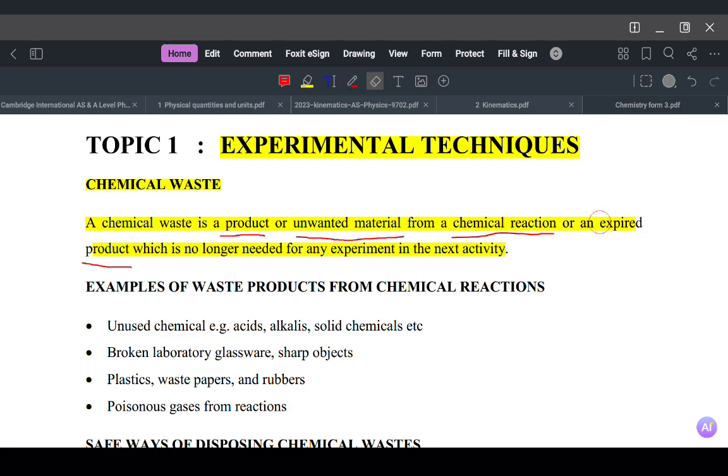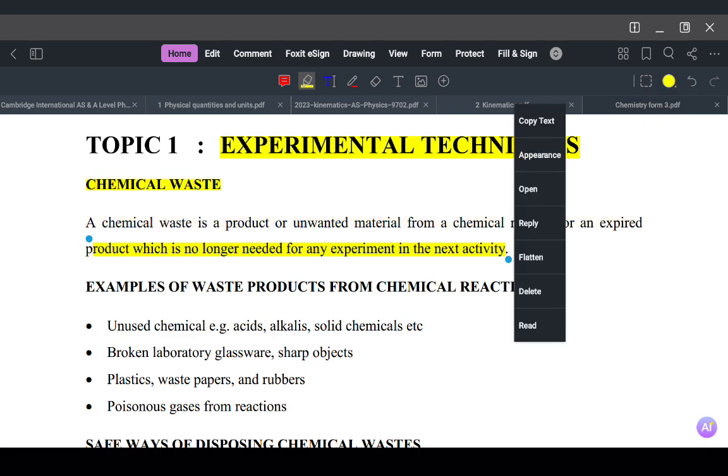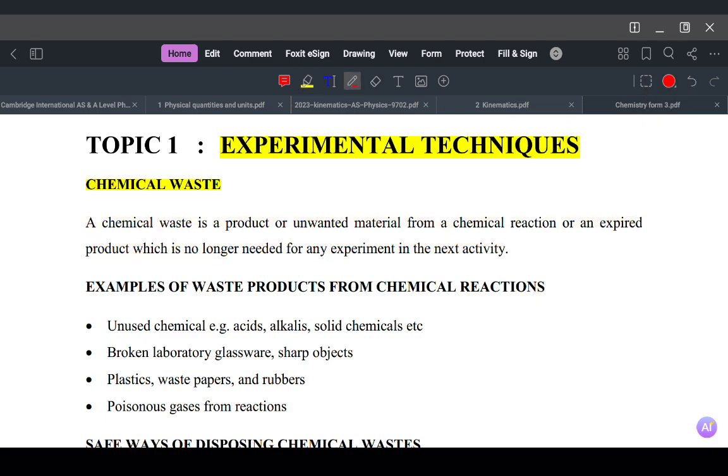So think about a chemical reaction, any chemical reaction. Let's suppose that we are carrying out a chemical reaction in which hydrochloric acid, HCl, in solution form is reacting with another substance, say sodium hydroxide, which is also in solution form.